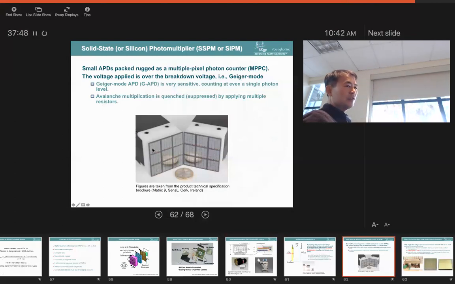You can also have position sensitivity because each pixel acts like a position. So we can define each pixel, and it's connected to a different channel of readout electronics. That's how we can tell where the event happened, because this is a phase to the scintillator. And then we can tell where the scintillation light is coming from using the pixel information from the scintillator. Not scintillator, this photodiode.